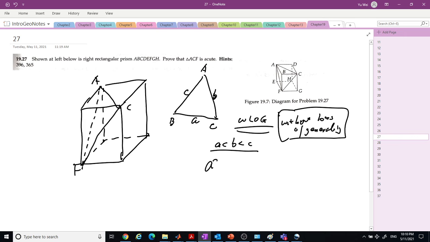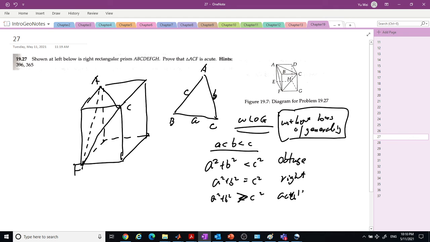Then A squared plus B squared less than C squared is obtuse. A squared plus B squared equals C squared is right, and A squared plus B squared greater than C squared is acute. All this is from the law of cosines.